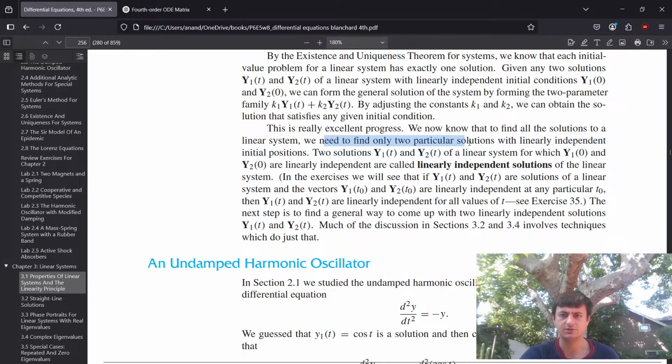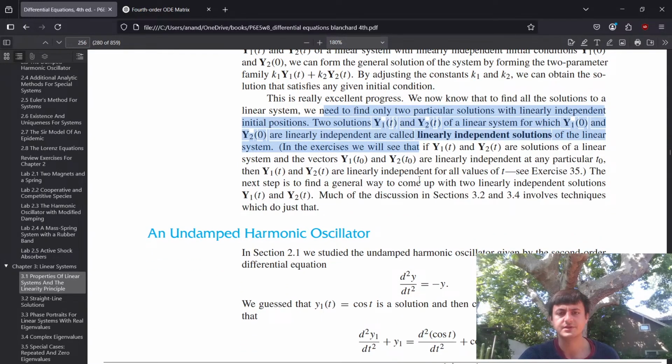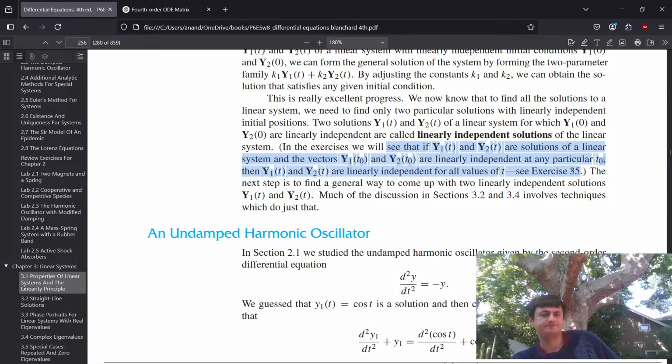So two solutions of a linear system for which y1(0) and y2(0) are linearly independent are called linearly independent solutions of the linear system. In the exercises, we will see that if y1 and y2 are solutions of a linear system and linearly independent at any particular t, then they're independent for all values of t.